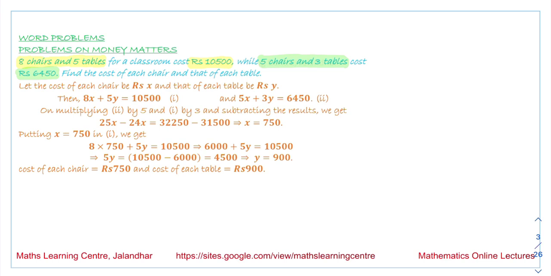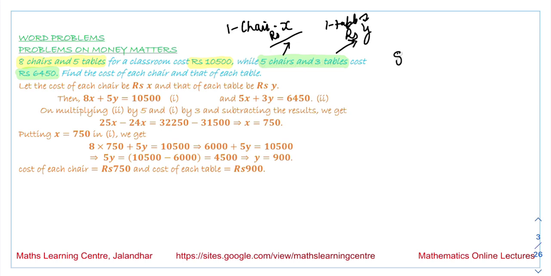So we suppose that the price of one chair is rupees x, and the price of each table is rupees y.